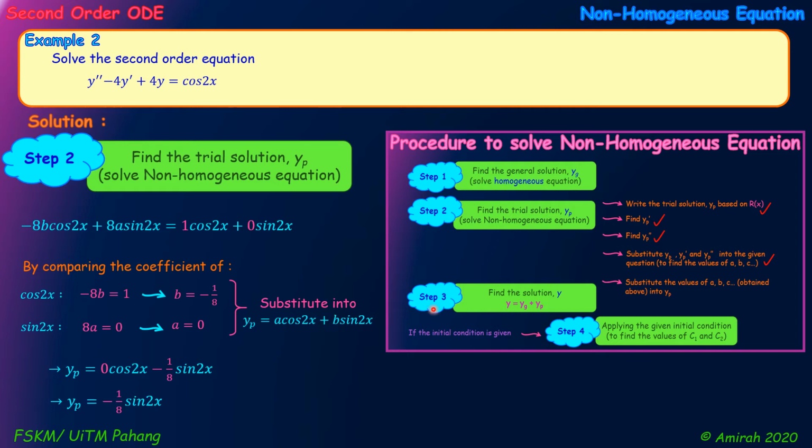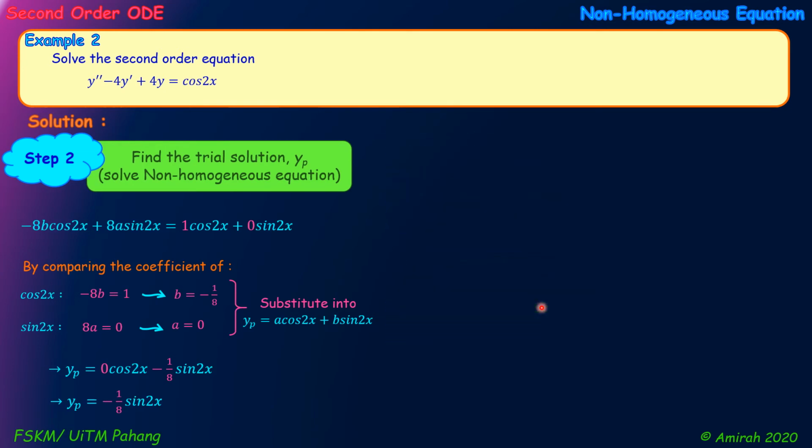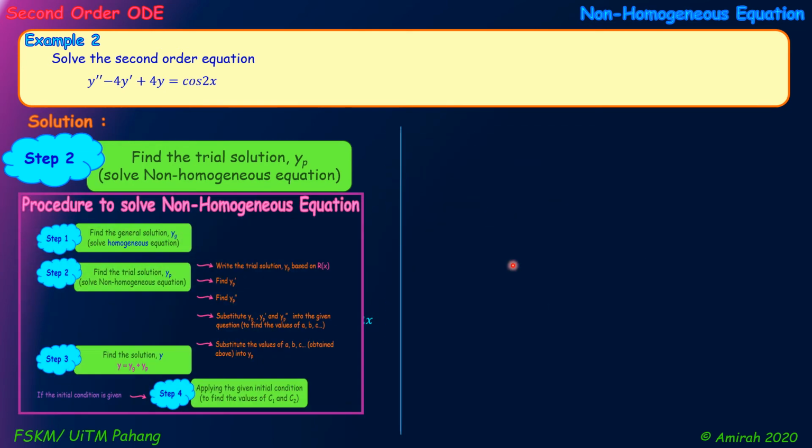Then we recall the procedure to solve a non-homogeneous equation. After we find yp, we continue with step 3: find the solution y, where y equals yg plus yp.